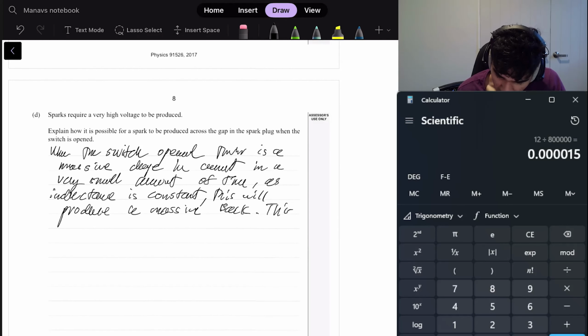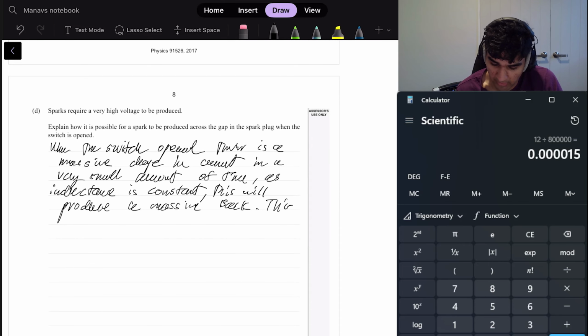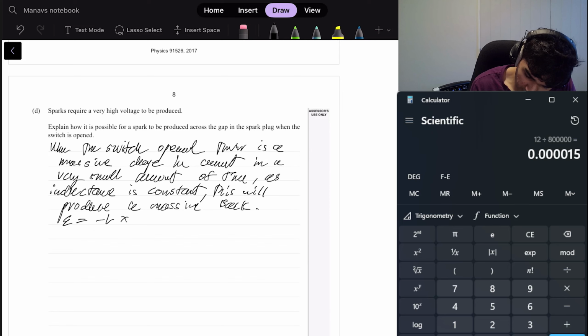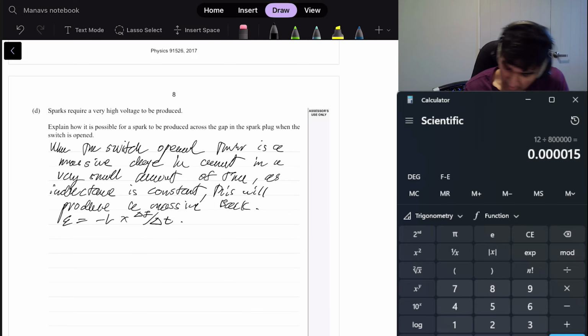When the switch is open, there is a massive change in current in a very small amount of time. As inductance is constant, this will produce a massive back EMF. I'm just going to state the equation once more: L times change in I over change in T.